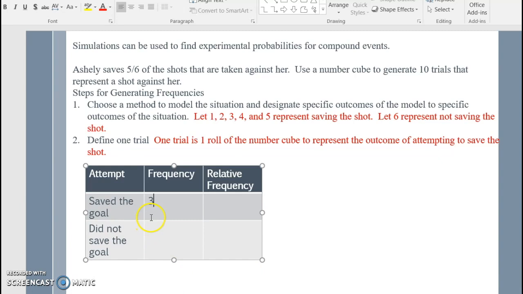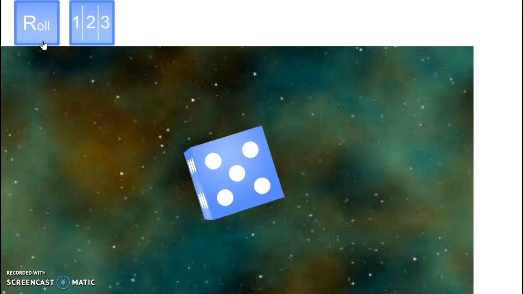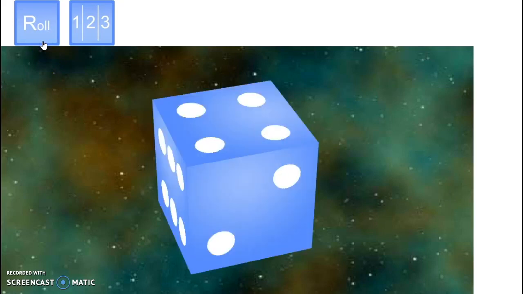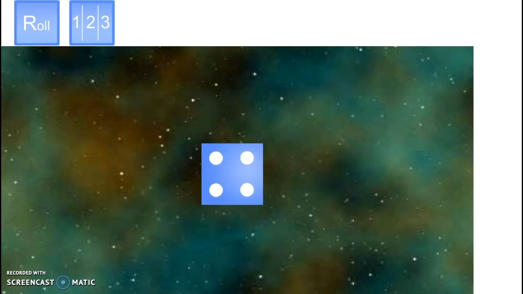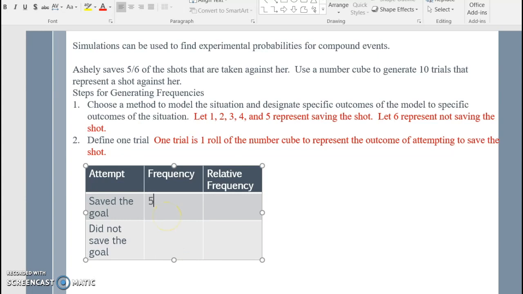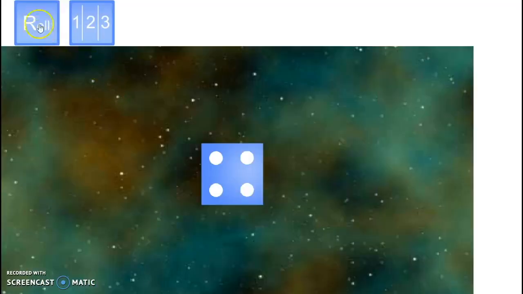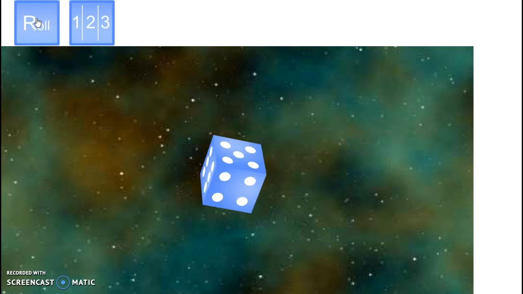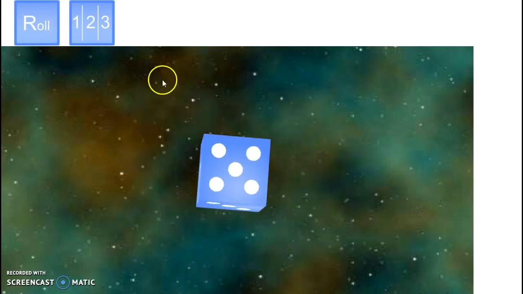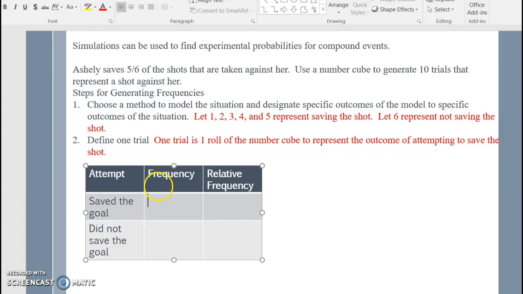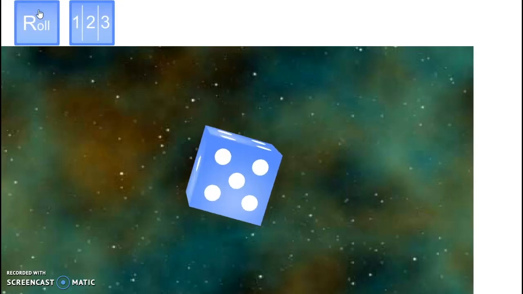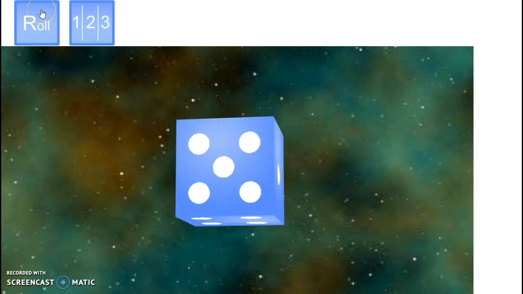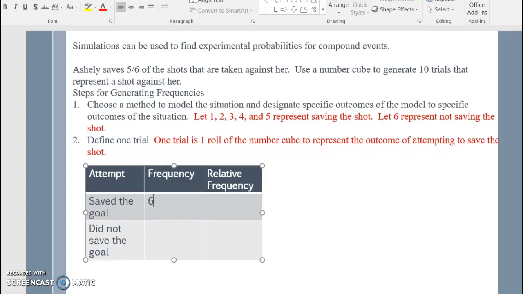A 5, so we saved it again. A 4. A 5. Another 5, so far so good.